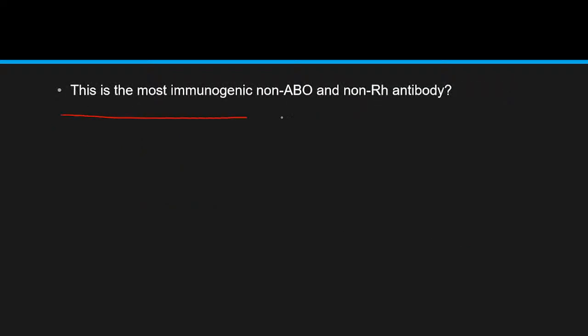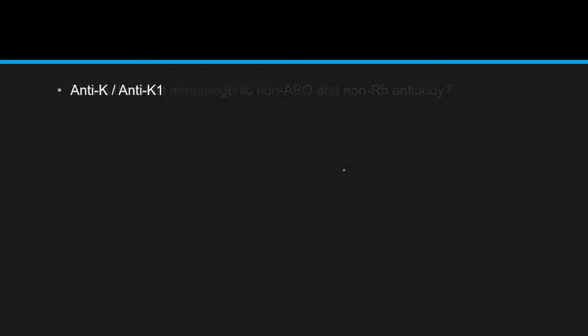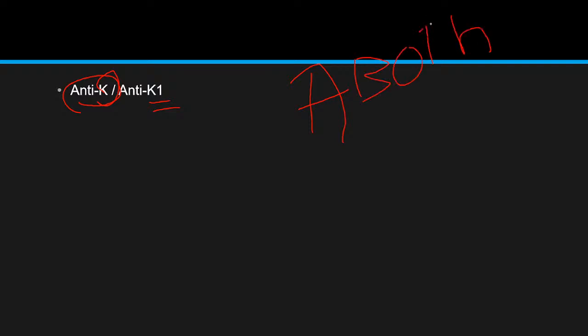This is the most immunogenic non-ABO RH antibody, and that is anti-K or anti-big K or anti-K1. Actually, when you plot together the reactivity rates, the first one will be the ABO, always significant.